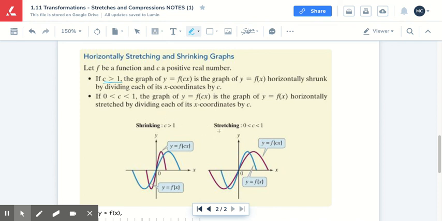So that's in effect going to make the x values larger. So we have a picture of that one over here. Again, our f of x is the blue graph, and our f of cx is the pink graph here. It's like we grabbed it from the right side and the left side, and we pulled it apart to make that new graph.